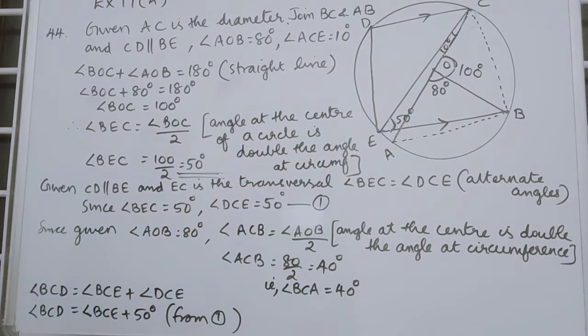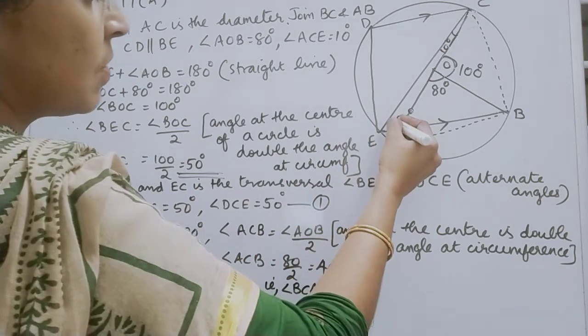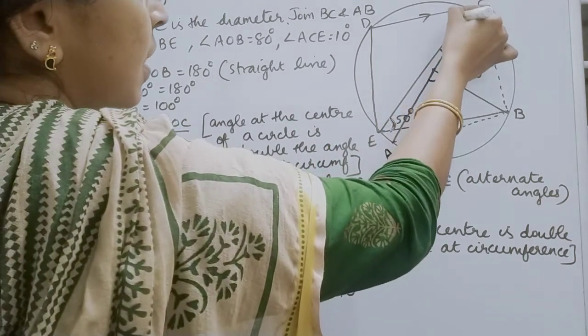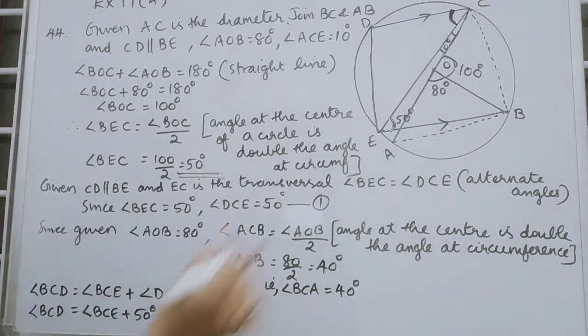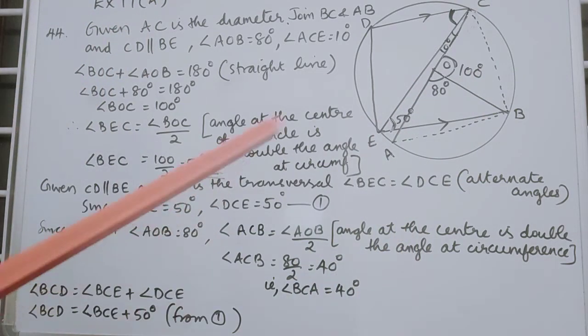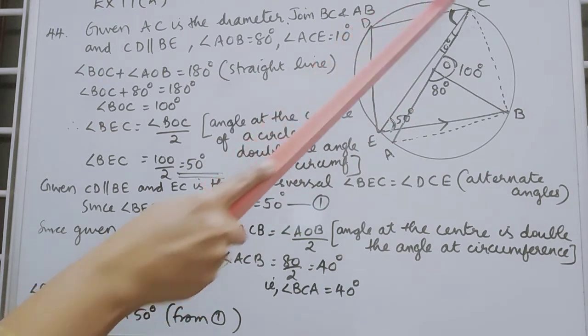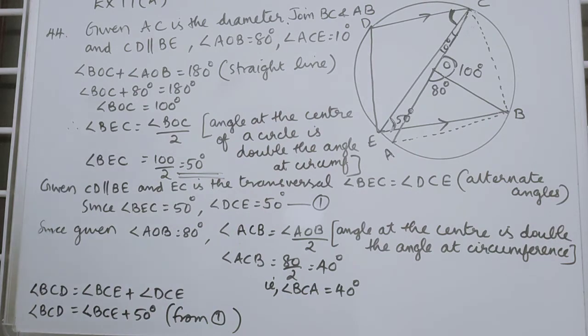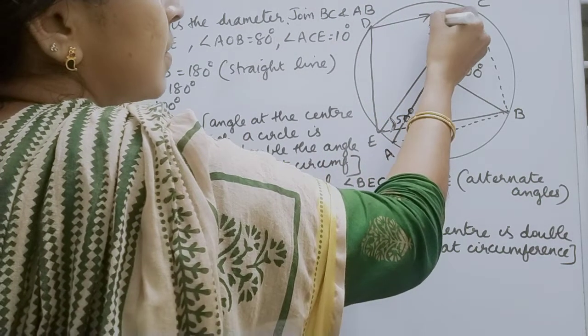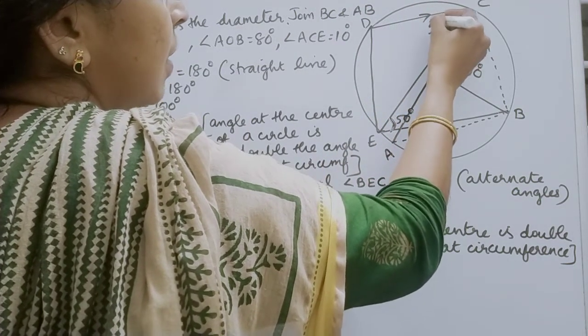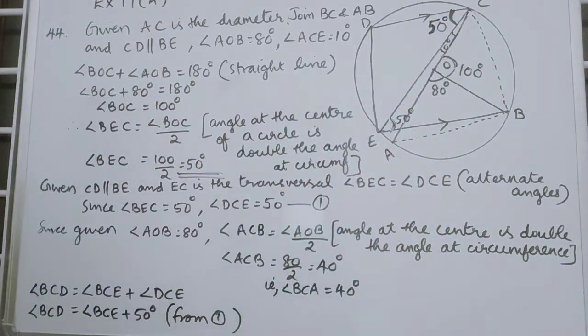That means these two, this one and this one, are alternate angles. Now we proved BEC as 50 degree. So DCE also will be 50 degree, since these two are alternate angles. 50 degree we got.